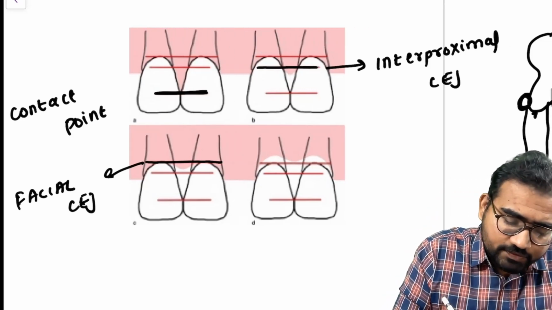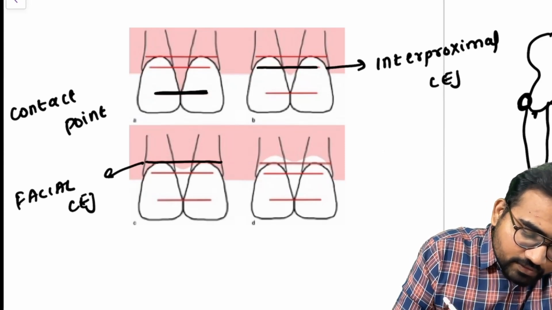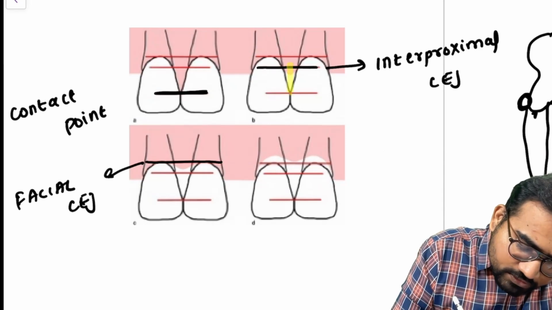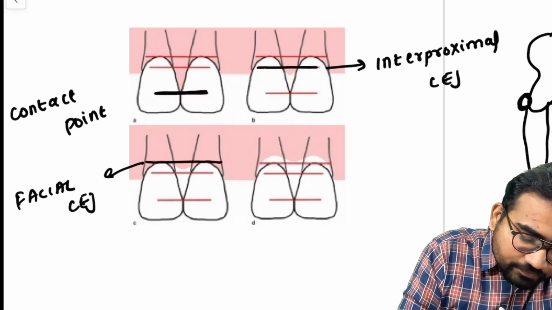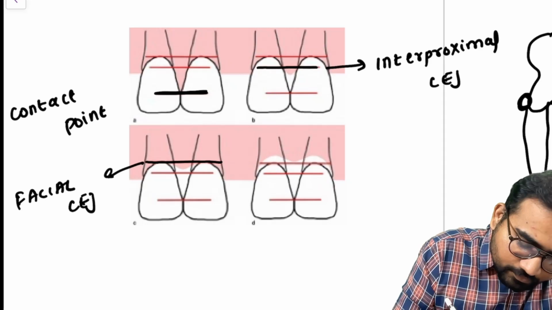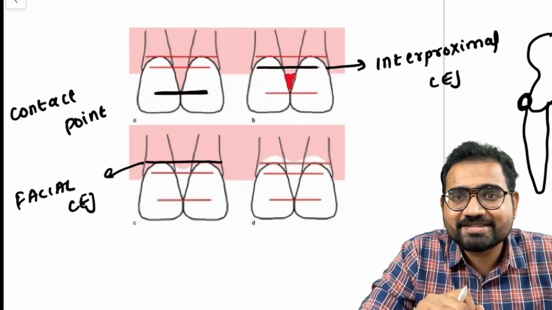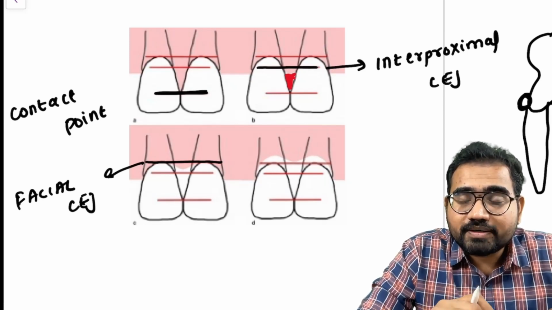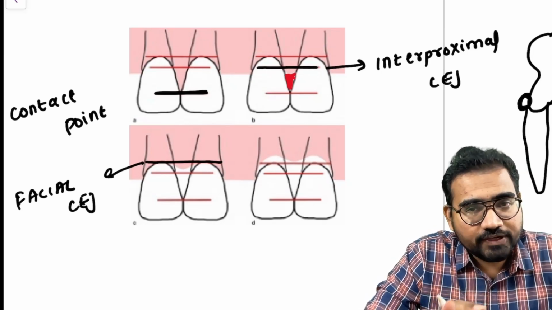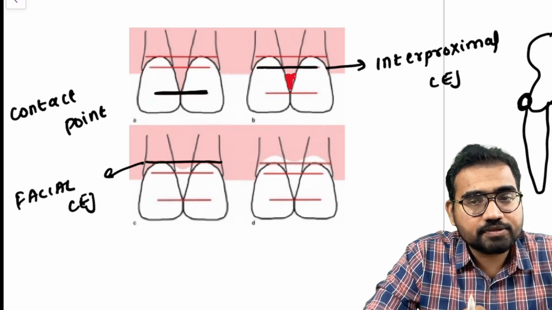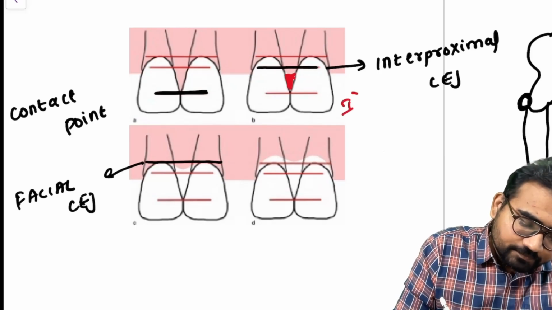This patient is having some kind of tissue loss, but this tissue loss does not extend to the interproximal CEJ and the facial CEJ. Just the contact point is not having tissue. Okay, this is class 1.